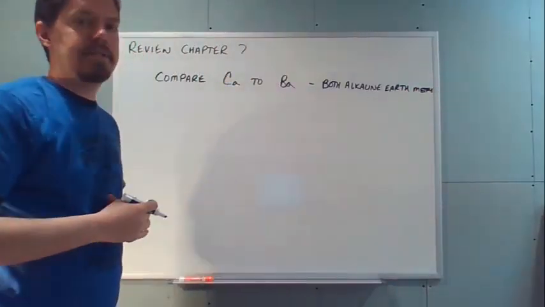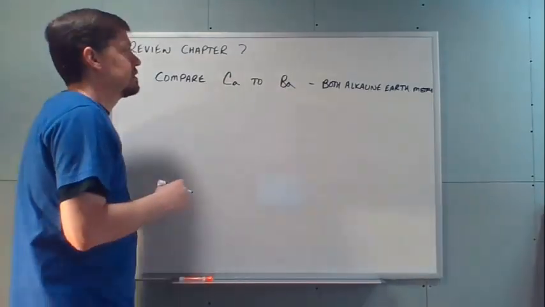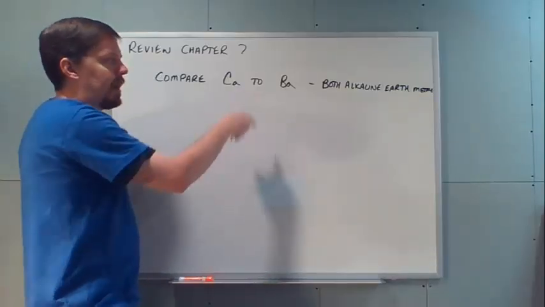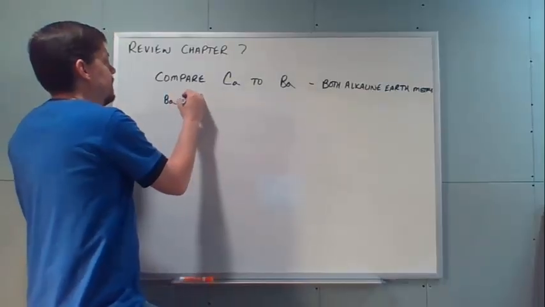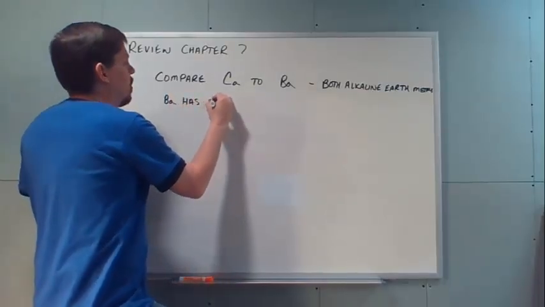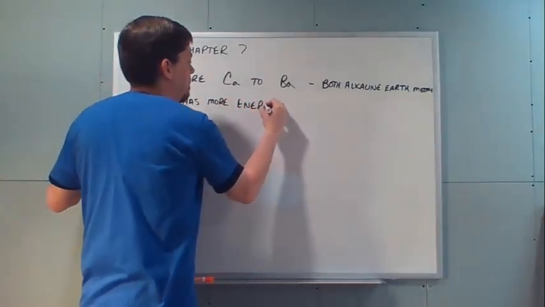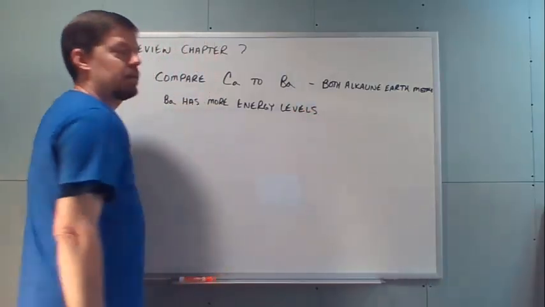Okay, so when you compare them to each other, we know that they are going to be large. Calcium and barium are in the same column, but barium is farther down the column. So what does that mean? It means barium has more energy levels. Right?